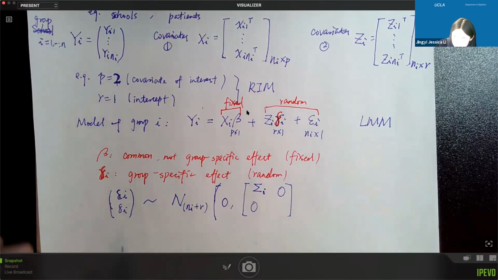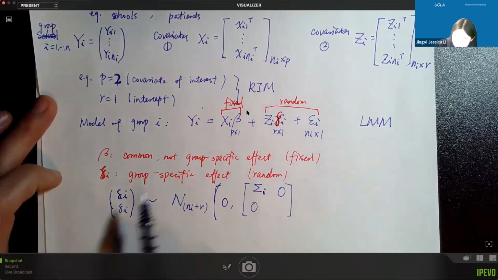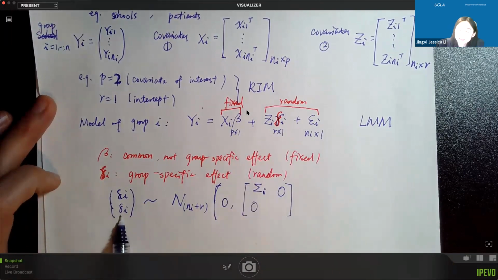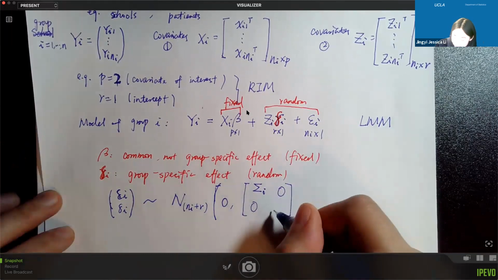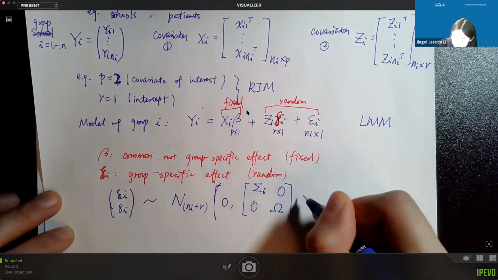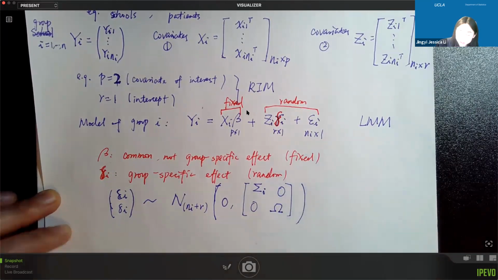And for this delta_i, it's the random effect. Of course, we want to assume that delta_i is group i's effect, and across all groups, their random effects follow the same prior. So we assume that they have the common covariance matrix. So you see, this is a way to write it.